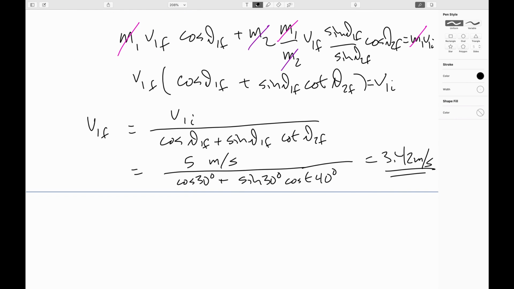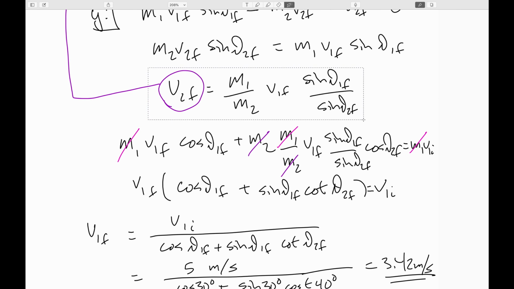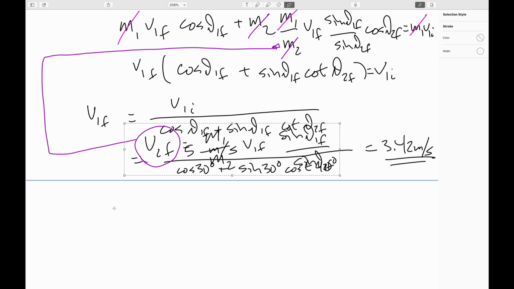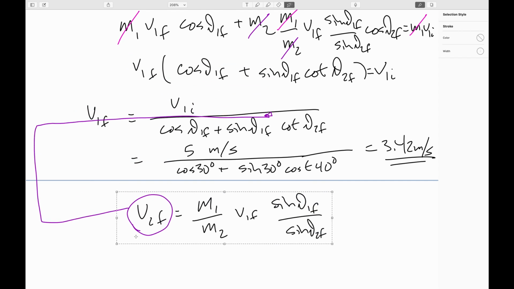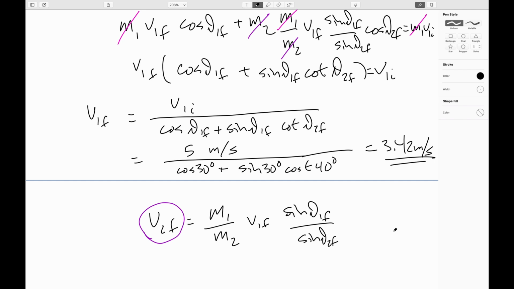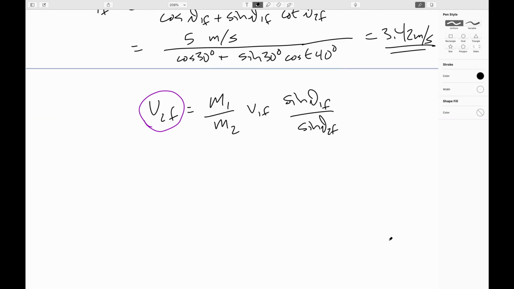All right. Now that we've got our v1 final, we can go back to what we had formerly solved to get my v2 final. In fact, I am just going to copy and paste it. All right, so all we need to do now is just substitute in the values and see what we get.